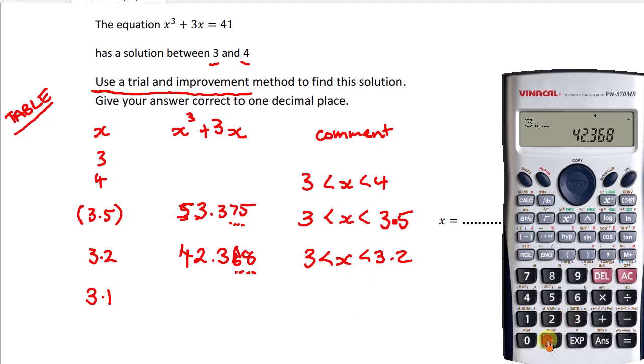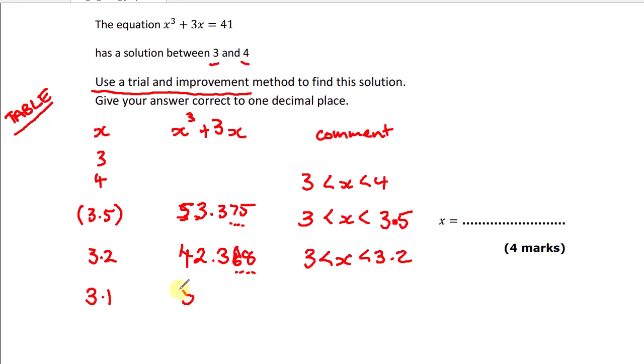So 3.1 I can store into x, press equals. Then I go back up to my equation, press equals, and I get 39.091. Again, these extra places I'm not really worried about.